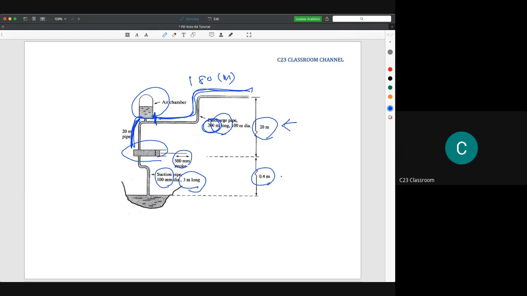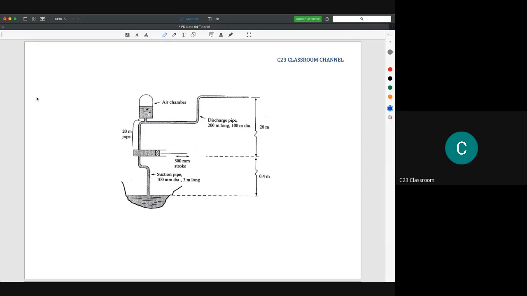As we discussed previously, the piston pump or any positive displacement pump could create a very high pump head for our usage. The main discussion here is the way we calculate the friction around the air chamber.